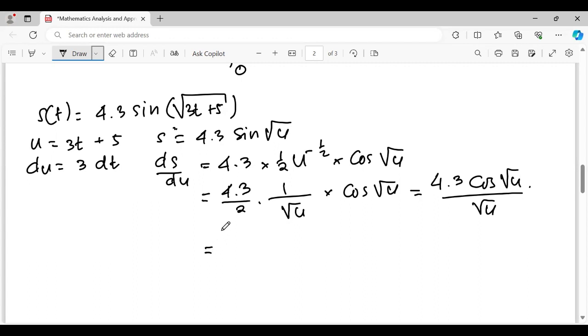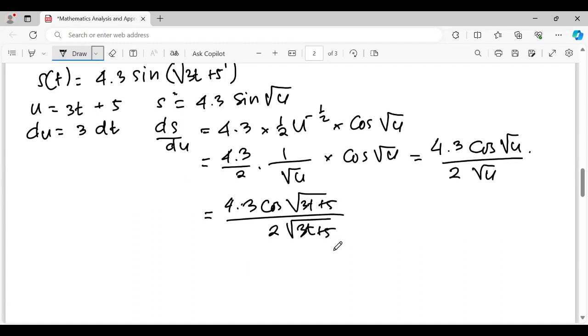So it's going to be 4.3 half, cosine square root of 3t plus 5 over 2 square root of 3t plus 5, like that.